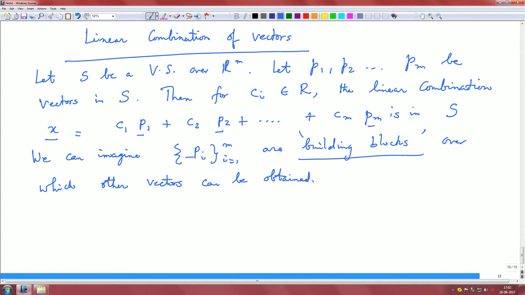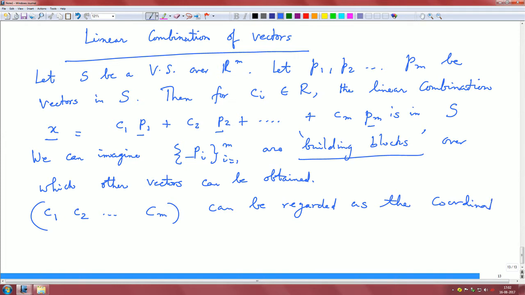We can sort of imagine them to be building blocks over which other vectors can be obtained, and basically your C1, C2 so on till Cm can be regarded as the coordinates for X over this set.